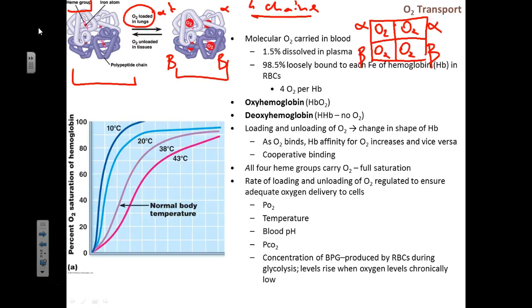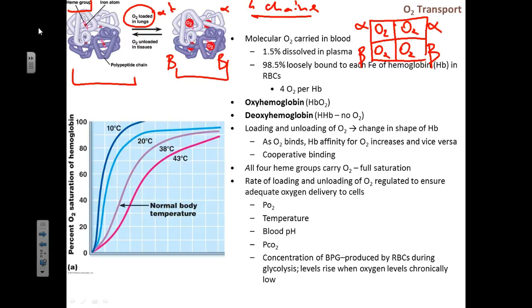Do they all have 4 oxygen molecules? No. You have to understand that at a given time some of them may have 4, some may have none, some 1, 2, 3, and so on. Is that understood? But you can imagine that in oxygenated blood, almost all of them have 4. Almost all molecules carry as many as they can.